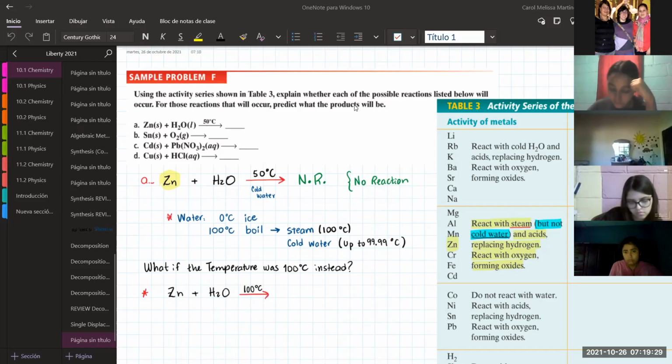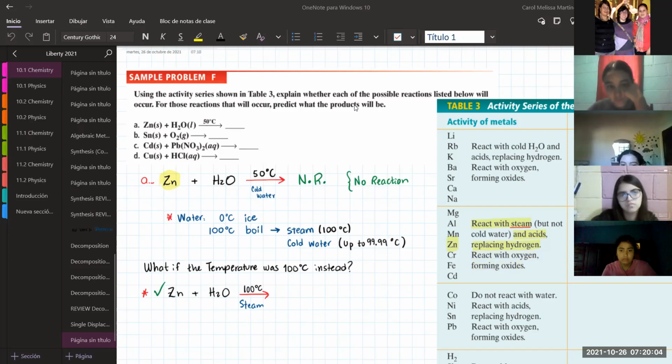Okay, so now that we do have the temperature of 100 Celsius, that means that it is steam. Okay, if it is steam, that means that reaction will occur. Okay, so reaction takes place and I need to see what is going to be produced. So I'm going to follow what the table tells me is going to happen. Here it says reacts with steam and acids replacing hydrogen.